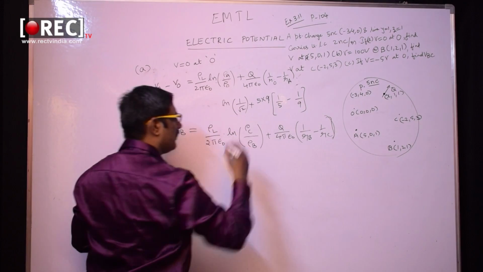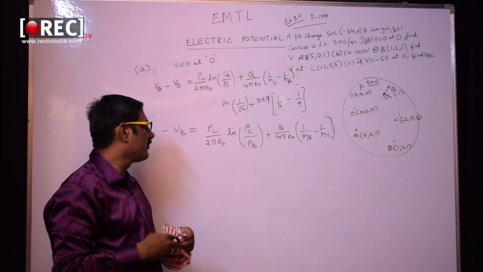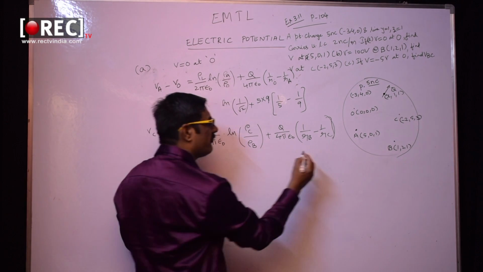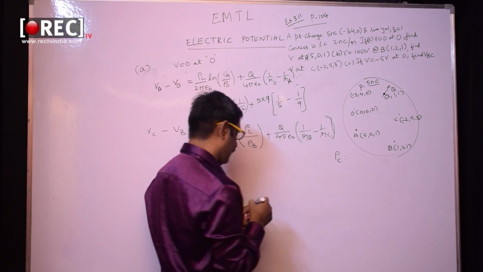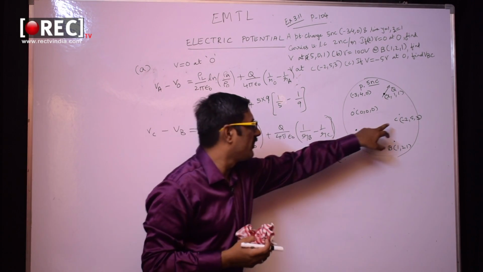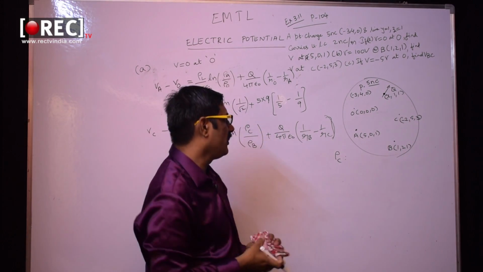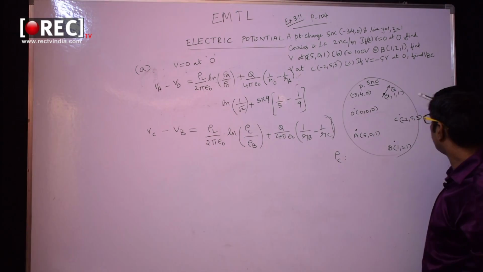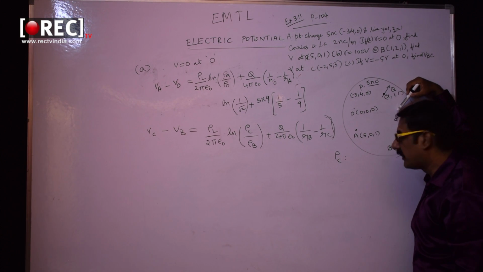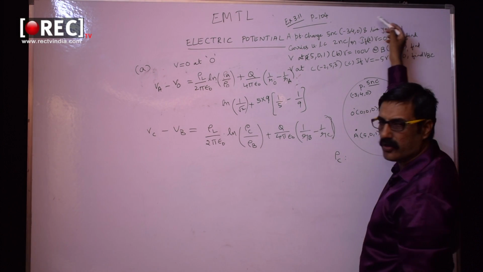Now let us calculate all the different parameters involved in this equation. First, let us start with rho C. Rho C is the distance between the point C and the line charge distribution. We need to exclude the x coordinate because in the given line charge distribution, the x coordinate is not specified.